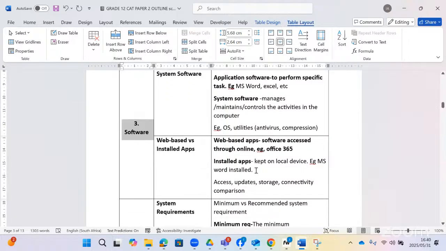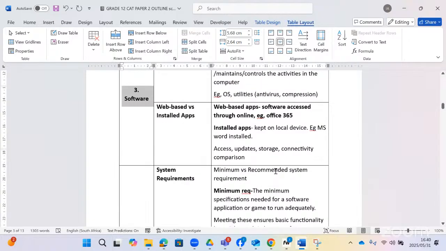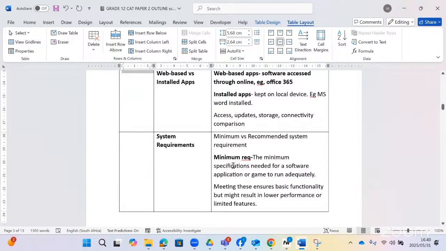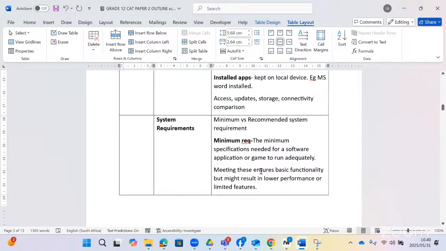Right. Now, the installed applications are kept on the local device. An example is Microsoft Word installed on your computer, and then the web-based ones are accessed through the internet. Now, the system requirements, you must know that as well. We have the minimum versus the recommended system requirements. The minimum requirement is the minimum specification needed for applications or any game to run properly.